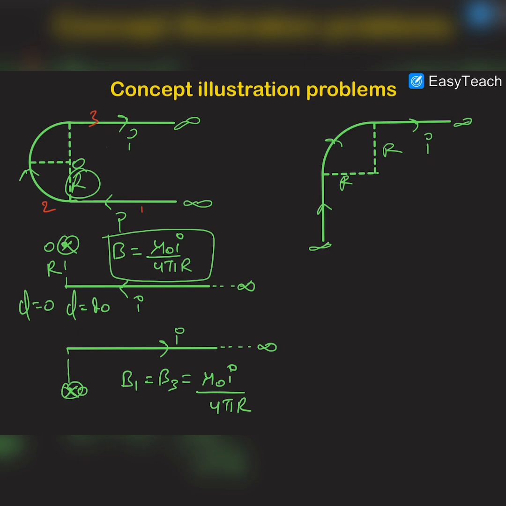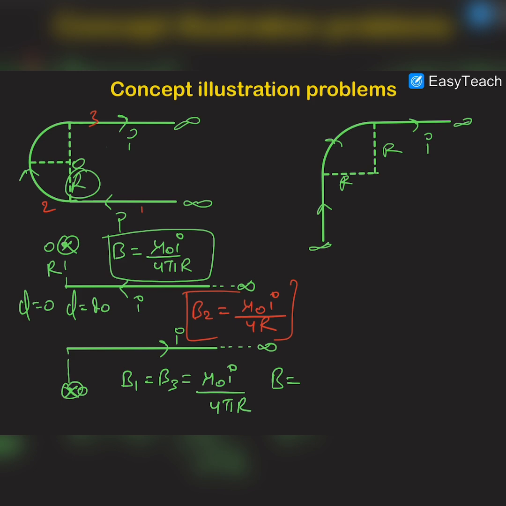And B2 is the magnetic field due to this circular arc. So B2 will be equal to mu naught I by, we know that for a full complete circular wire, B was mu naught I by 2R. Now for this semicircular wire, B will be mu naught I by 4R. And the direction of all of them is the same, so we can just add them up to find the net magnetic field.